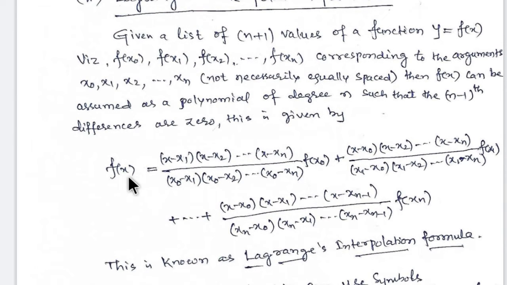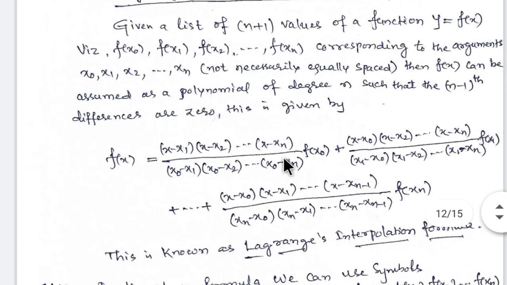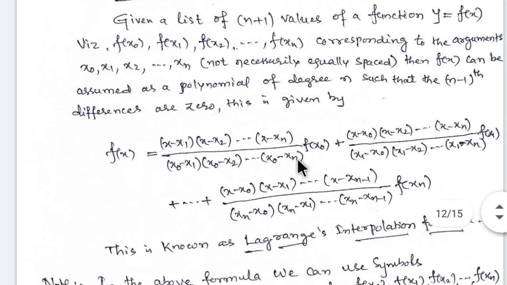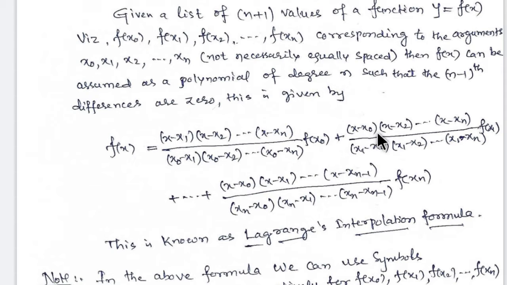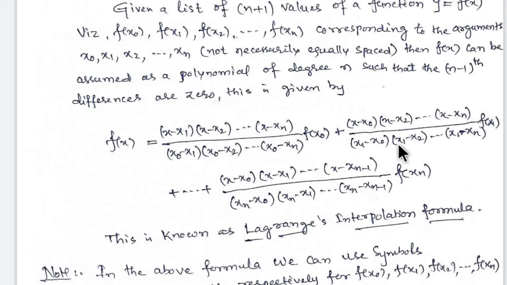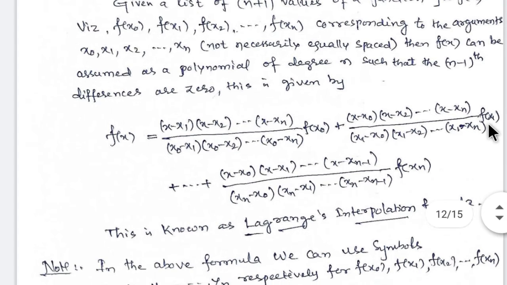This is given by, directly I am giving the formula. f of x can be written as, in the numerator, x minus x1, x minus x2, etc., x minus xn, in the denominator x naught minus x1, x naught minus x2, etc., x naught minus xn, into f of x naught, plus x minus x naught into x minus x2, etc., x minus xn, divided by x1 minus x naught, x1 minus x2, etc., x1 minus xn, into f of x1.